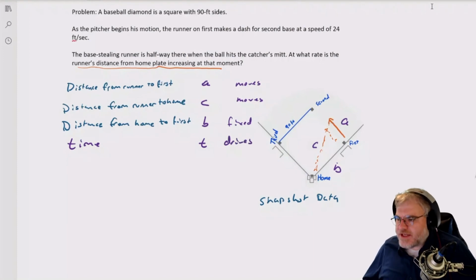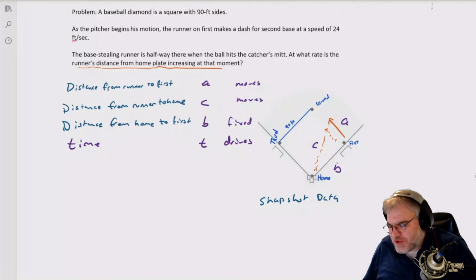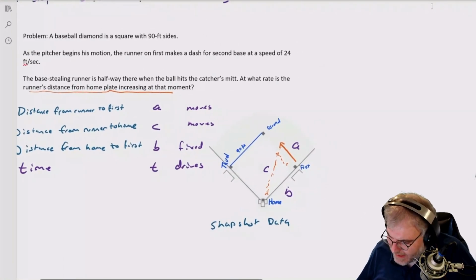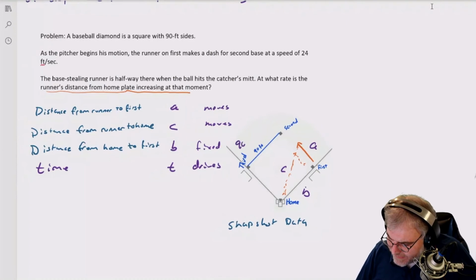All right, what's the relationship here? Well, the relationship is a squared plus b squared equals c squared. Right? And I'm going to write here that this is 90 feet.